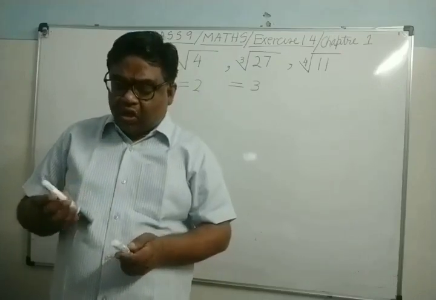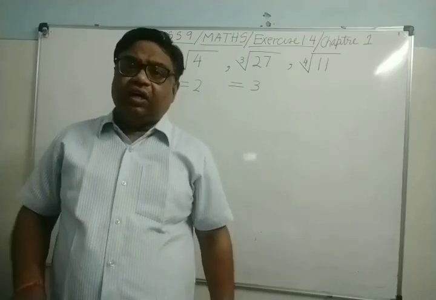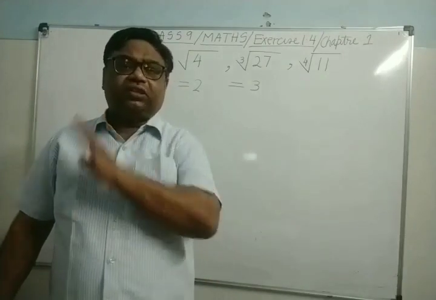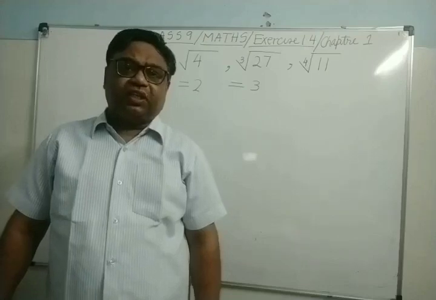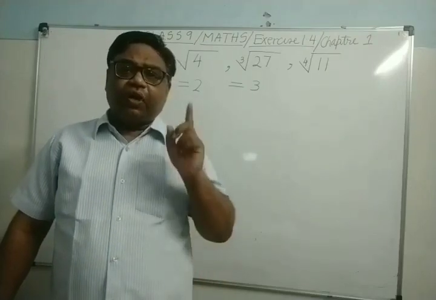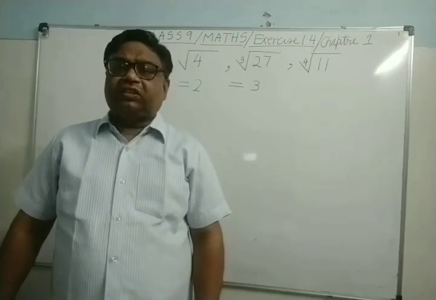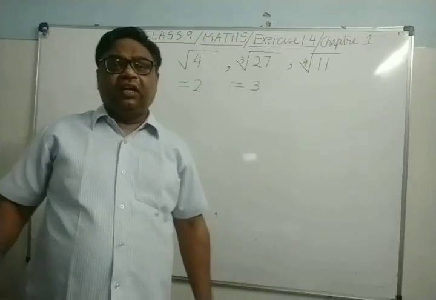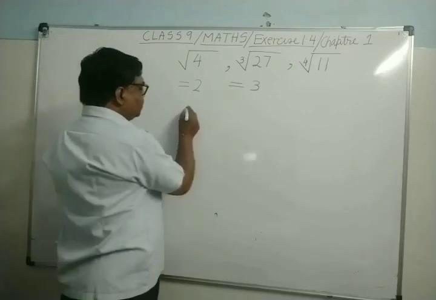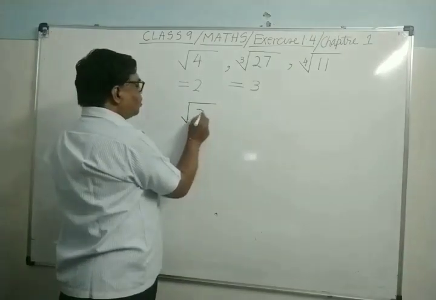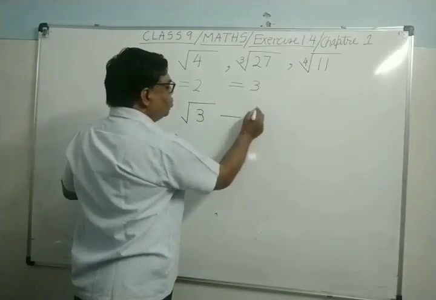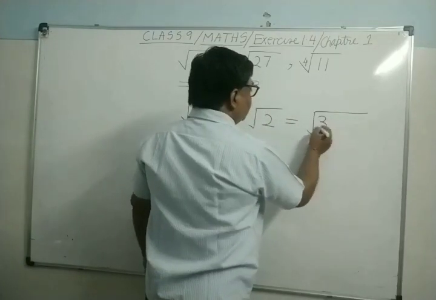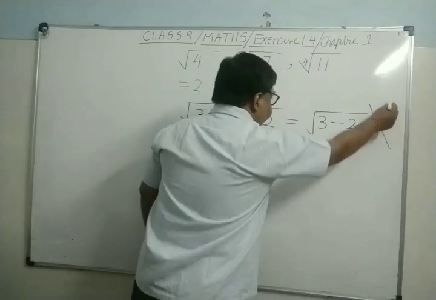It's clear? Now what is the rule regarding simplification if there is more than one surd in any mathematical expression? Number one rule: surds can neither be added nor subtracted. It is not like that you can write root 3 minus root 2 equals root of 3 minus 2. This is not possible.